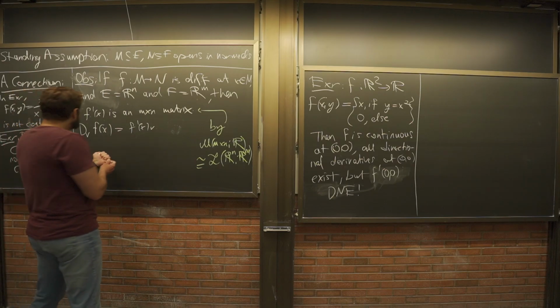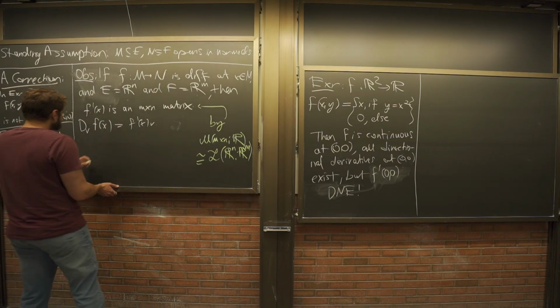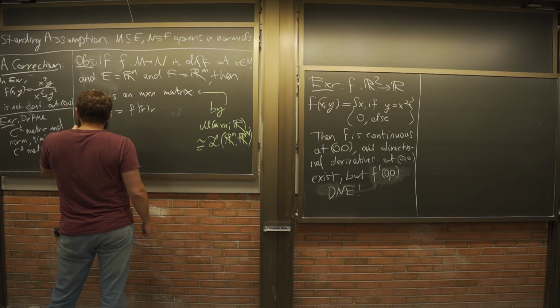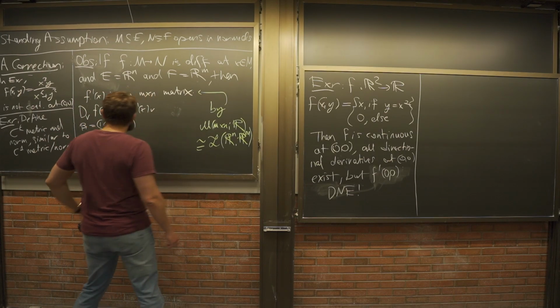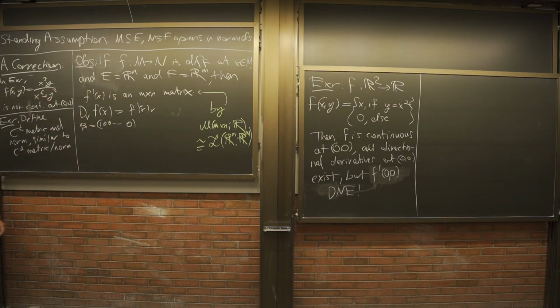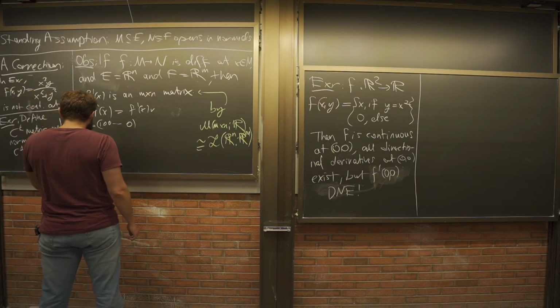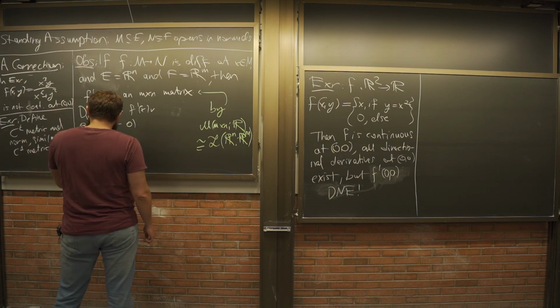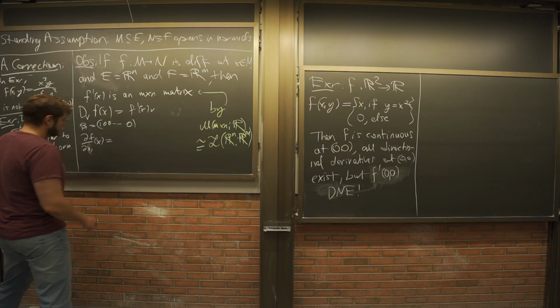Because I know, by definition, for instance, the first partial, right, so let's say beta 1 is the first standard basis vector, then the directional derivative of f in this direction is nothing but the x1 partial, right? I guess I should write it like this, x1.